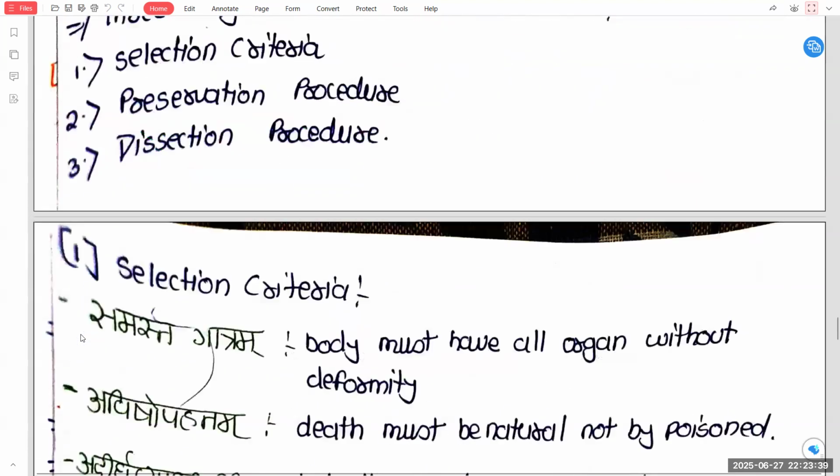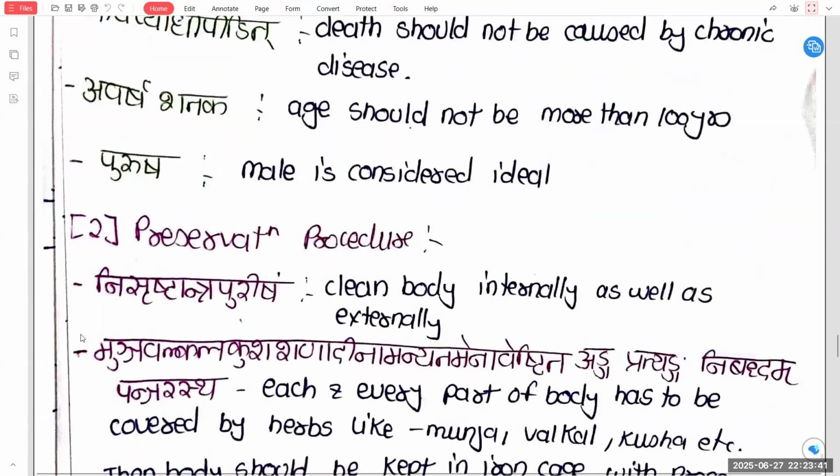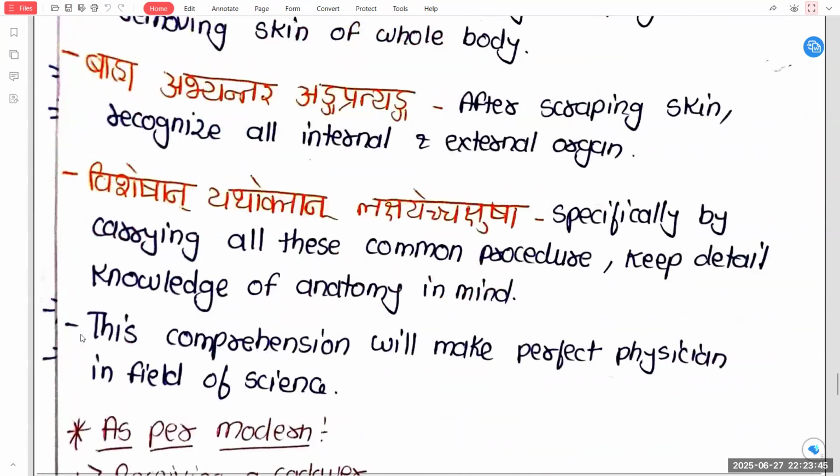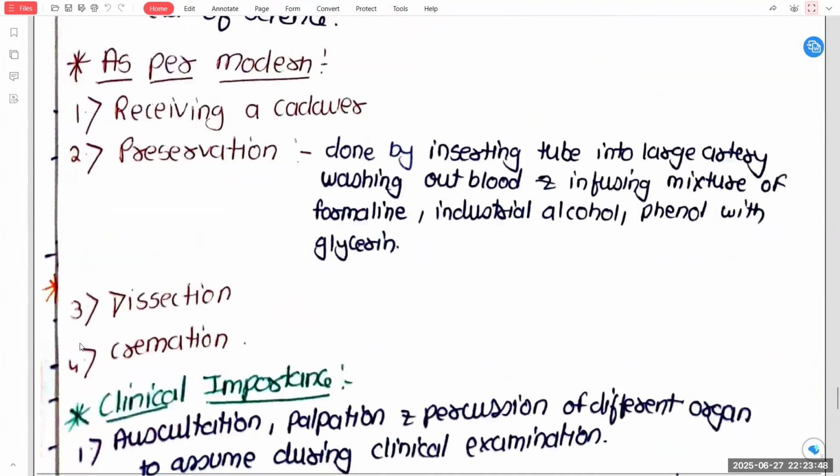Okay. Now we are going to see the modern part about the preservation. So first we will see in brief that as per the modern, the 4 steps are there. First step is obviously receiving a cadaver. Second is preservation. Third is dissection. And the fourth is cremation.